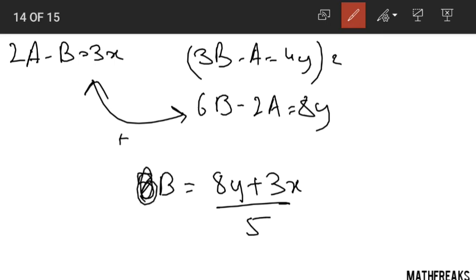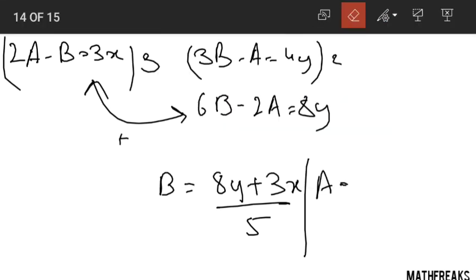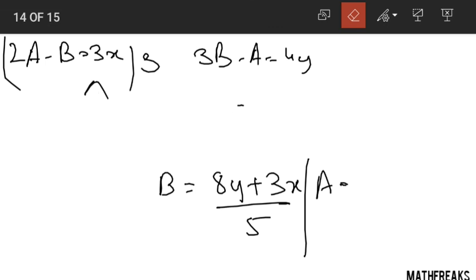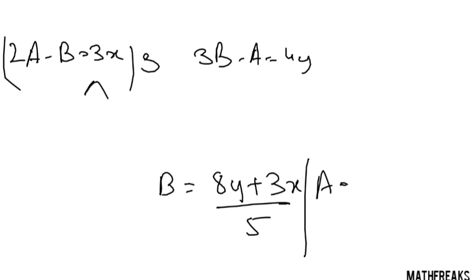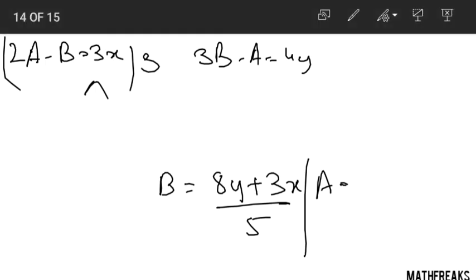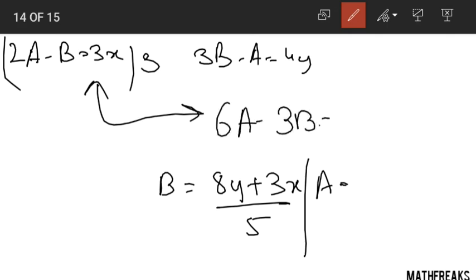Similarly, if I have to find a, so what will be a? To find a, I would like to multiply this with 3, right? If I multiply this with 3, what would be the answer? This would be 6a minus 3b equals 9x.